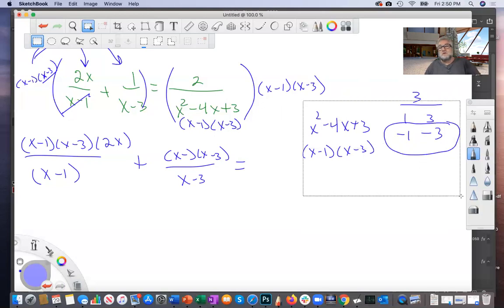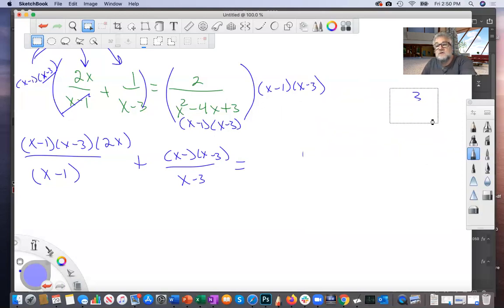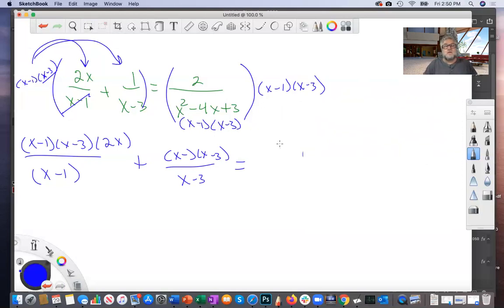Sorry, goodbye. Equals 2 over, I'm going to write this in factored form. x minus 1, x minus 3 times x minus 1, x minus 3. So now you can see these are going to cancel. And these will all cancel.